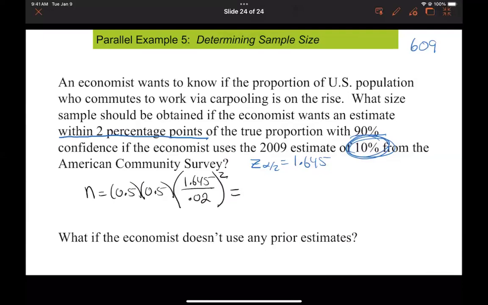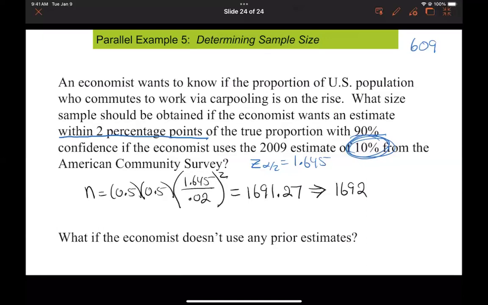How'd we do? I get the same thing for sure.